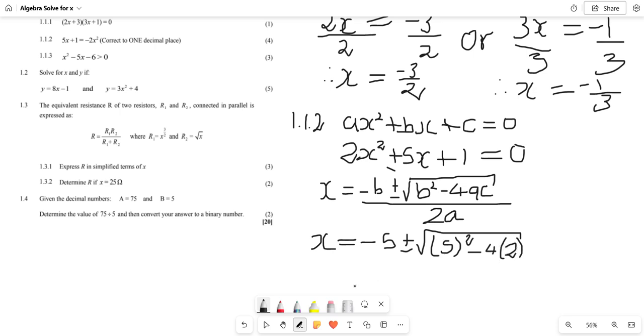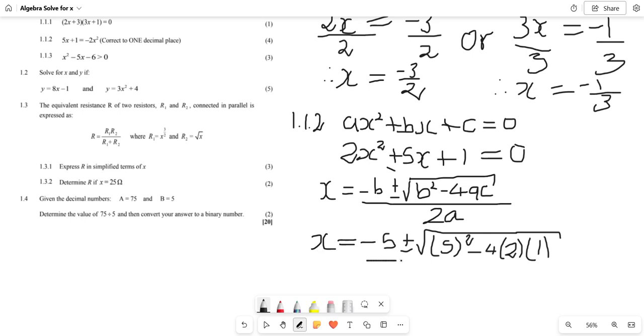Close bracket. Let us expand our square root here so that we are able to fit everything. Open bracket. The value of c is the number that we have here without an x. In this case it is positive 1.